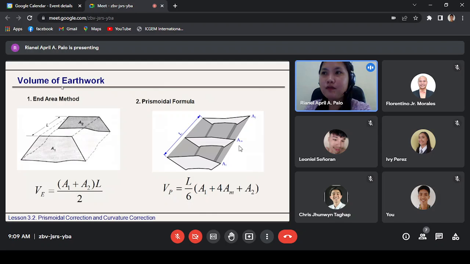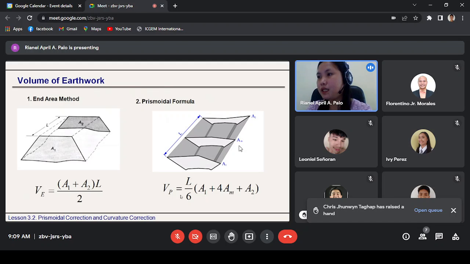Then, for computing the volume of earthworks, we have these two formulas using the end area method and the Prismoidal method. So, sa Prismoidal method, we consider ang cross-sectional area sa midsection or sa distance between sa atong two stations. Assuming natin station 0, then station 1, so ang midsection niya ato i-consider.